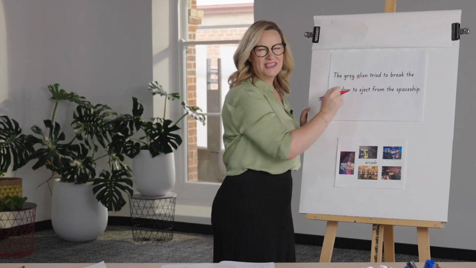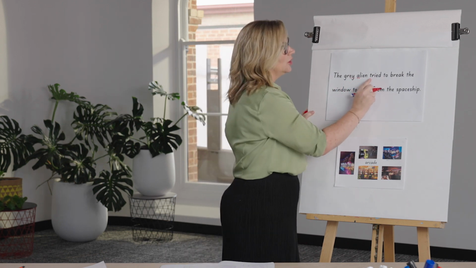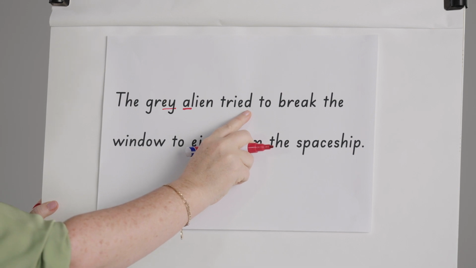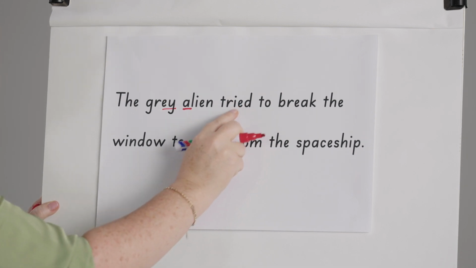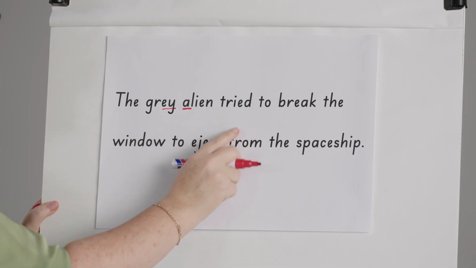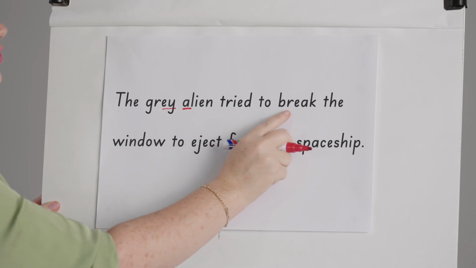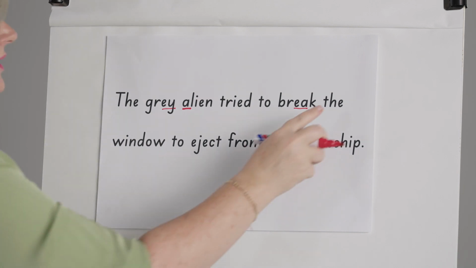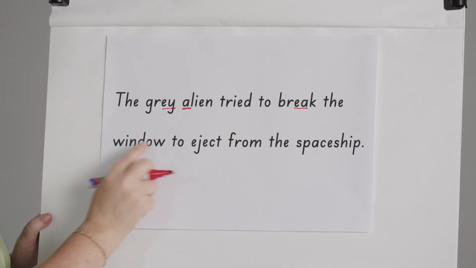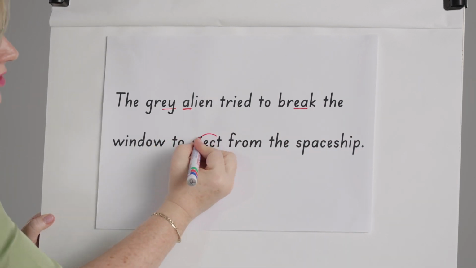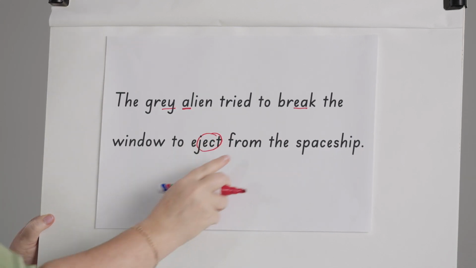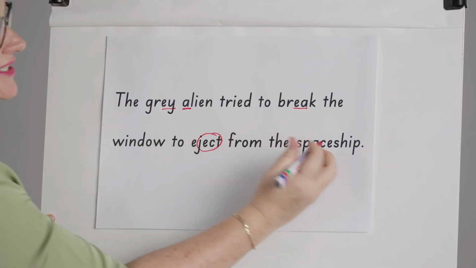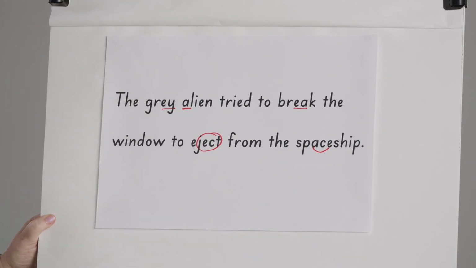It's a strange one there. Tried. That's one where we change the Y to I, add ED. To break. Did you have EA spelling there? The window to eject. Here's our morpheme. From the space ship.